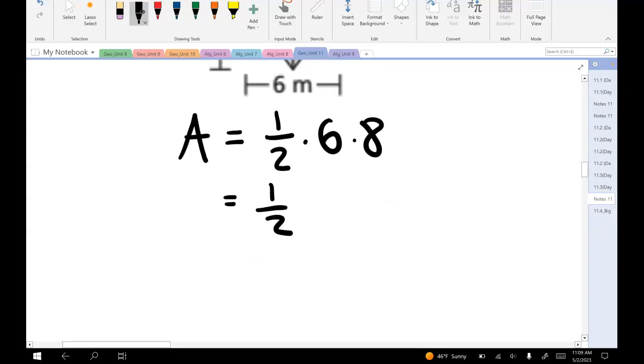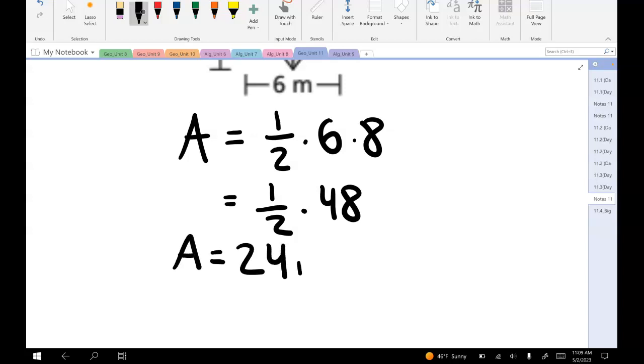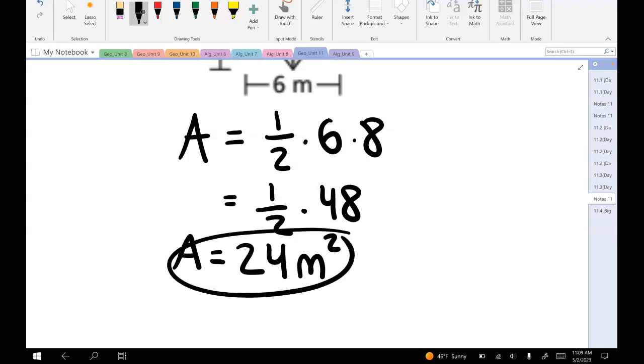Simplifying, 6 times 8 is 48. You divide that by 2, you get 24. So the area of this rhombus here is 24 meters squared. Nice and quick.